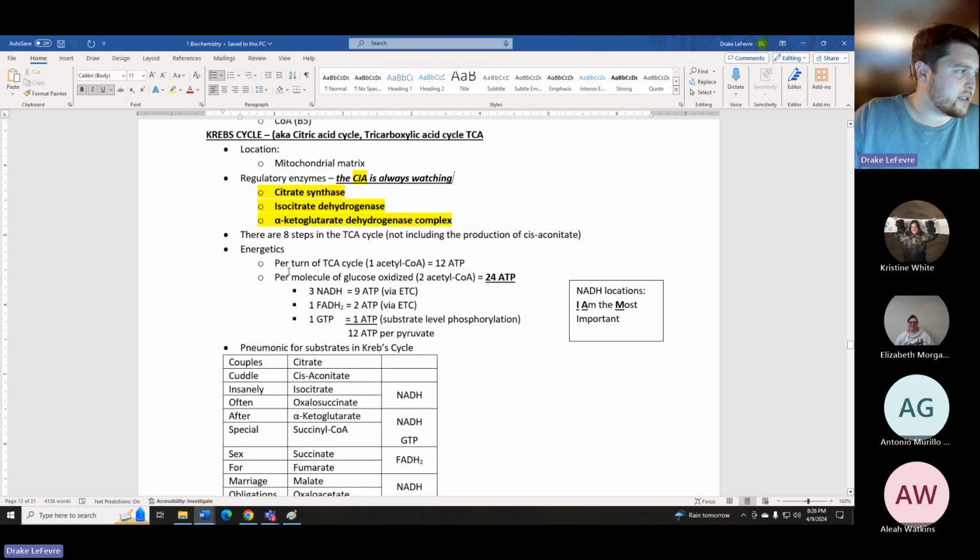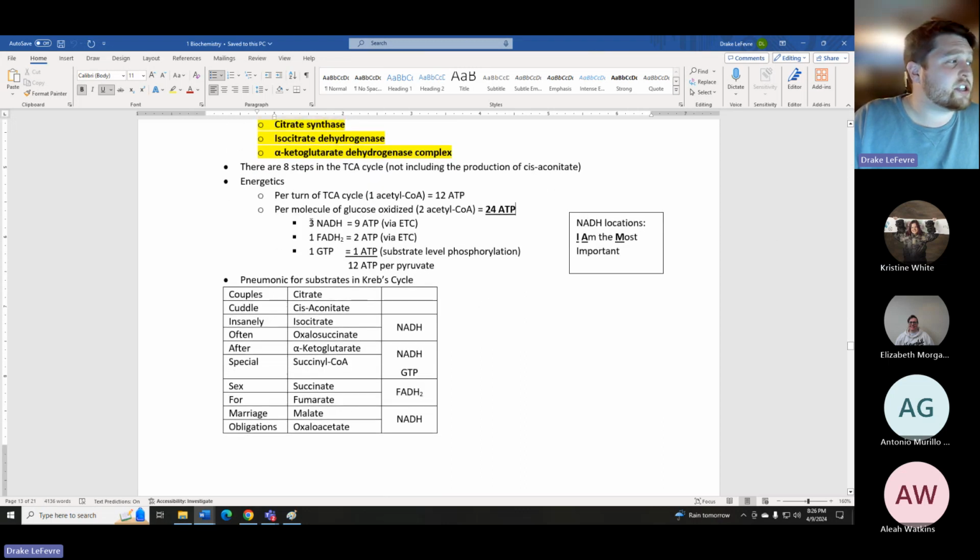The whole process, each turn of the citric acid cycle, we're going to get 12 ATP per turn of the citric acid cycle. In total, from 1 glucose, we get 24 ATP. Because each turn, we get 3 NADH, 1 FADH2, and 1 GTP out of the citric acid cycle.